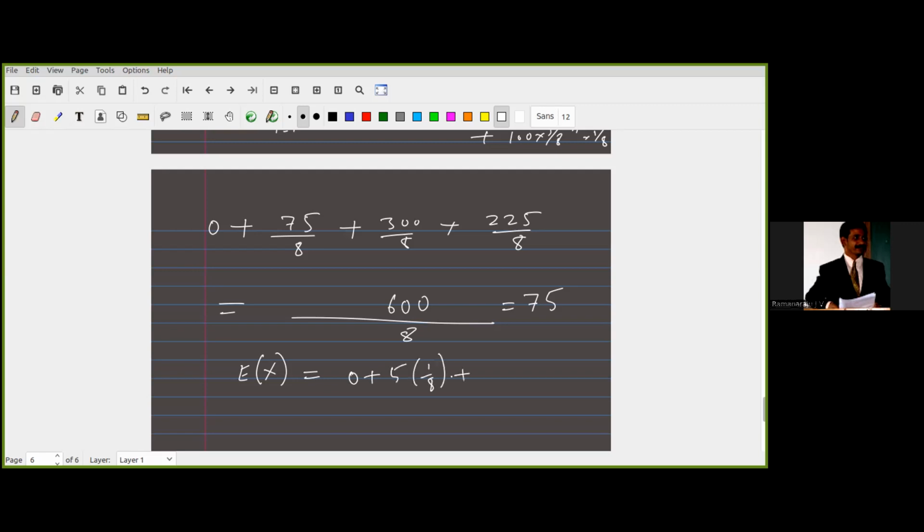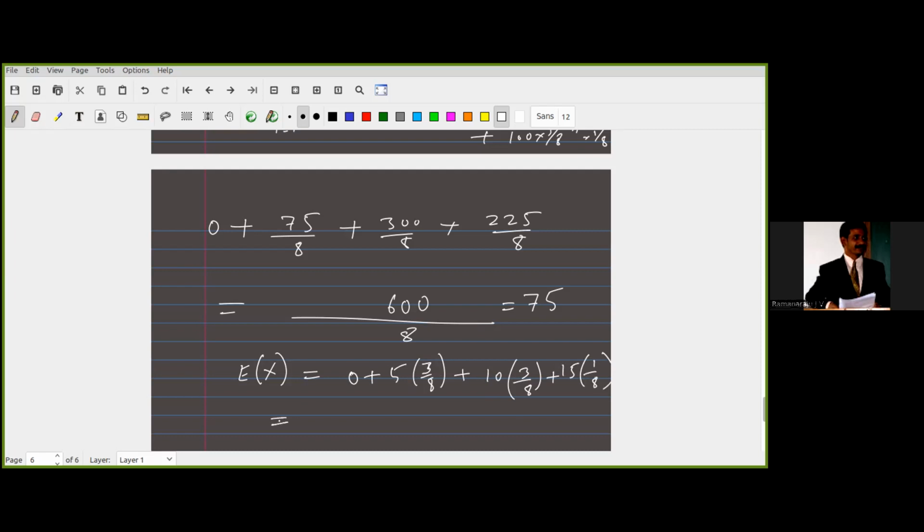By the way, I'm doing another problem where I replace number of heads with the award. 5 rupees for one head, 10 rupees for, I think I made a mistake. This is 3 by 8 plus, yeah, again 3 by 8 plus 15 rupees for 3 heads. That probability is this.